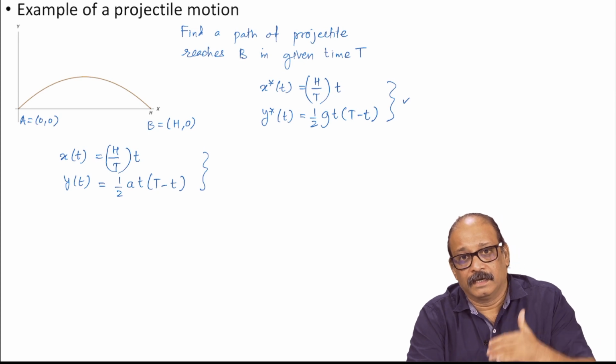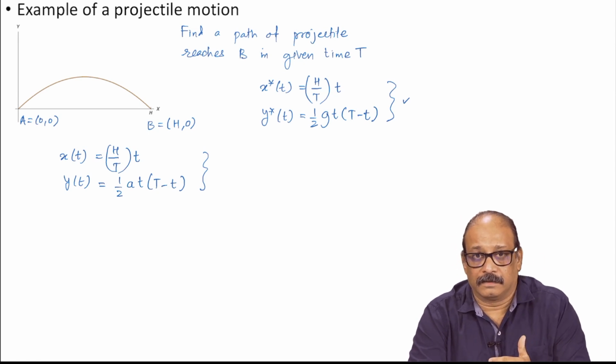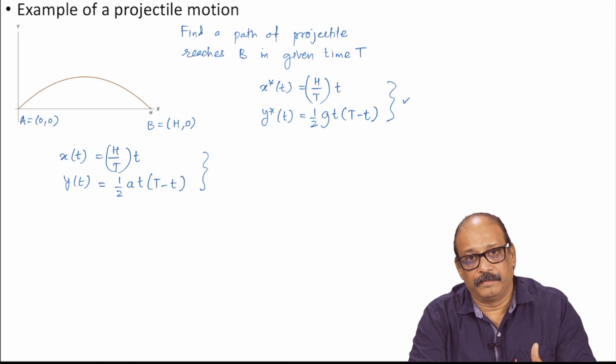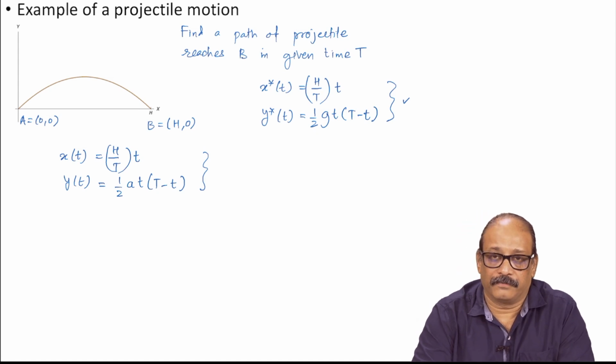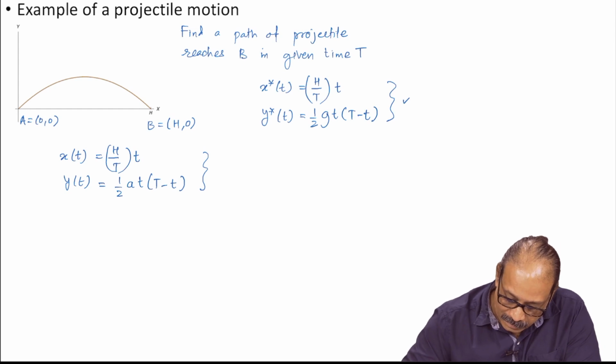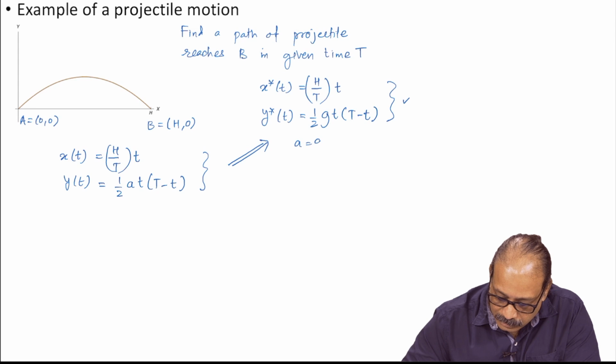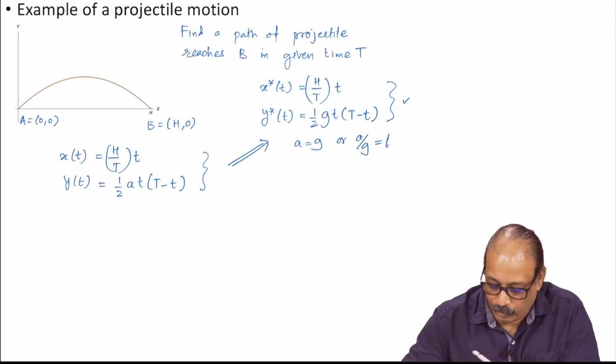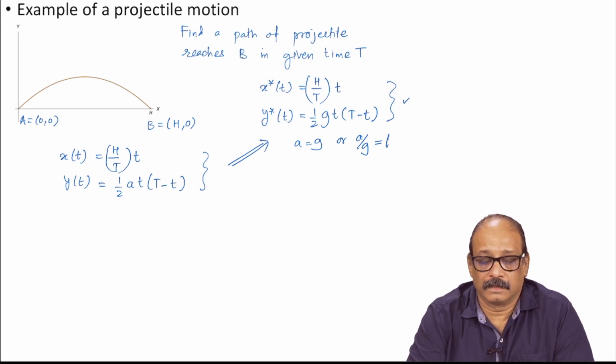So, basically the heights at the midpoint will be different depending on the value of a, and we know only one of those paths is the correct path, that is, the correct path is this when a is equal to g, or a by g is equal to 1. Okay, this is the correct path.